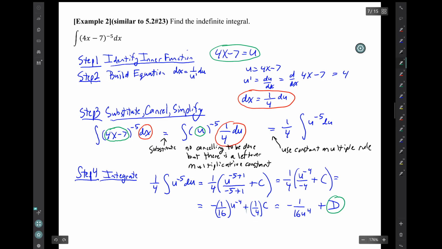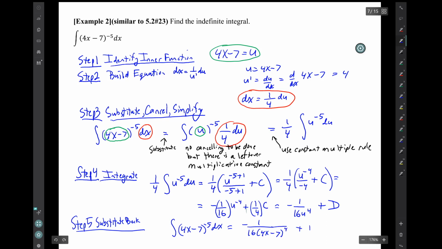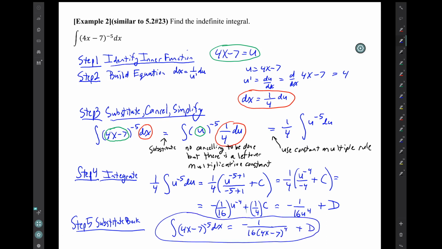Finally, step 5 is to substitute back. When we do that, we'll have our answer. So I'm going to write my result of step 5 as an integral equation. Notice that I converted my answer to positive exponent form. The problem was presented to us in power function form, in the sense that we had parentheses raised to the minus 5 power.